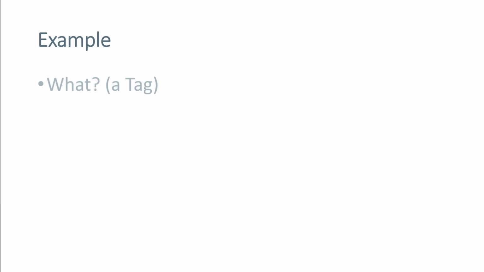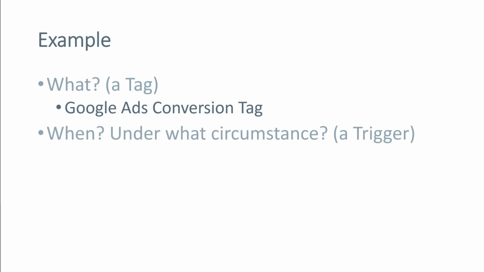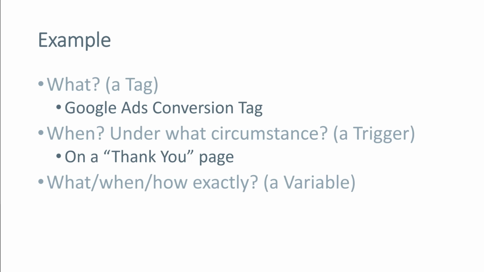Let's start with what? A tag. In this case, a tag could be a Google Ads conversion tag. Because what will this tag do? It will track a conversion. When will that tag do this? It will do it when a visitor lands on a thank you page, also known as an order confirmation page. And then when exactly, or what exactly, or how exactly.